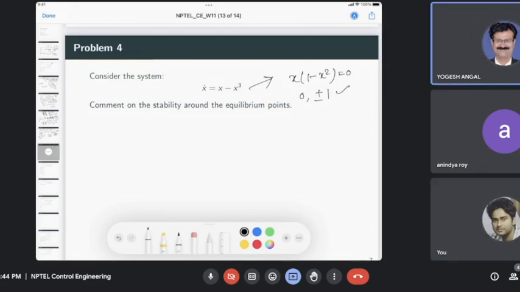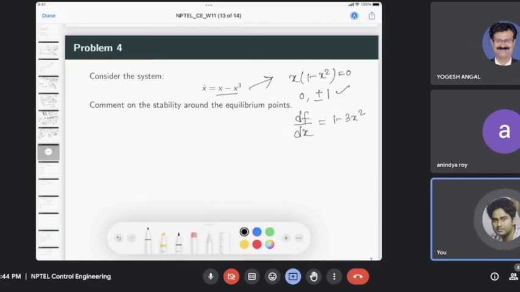Because it's just one function, we compute dou f by dou x. With one variable we can also write df by dx, which is equal to 1 minus 3x square. For 0 it is 1, and for either plus or minus 1 it is minus 2.